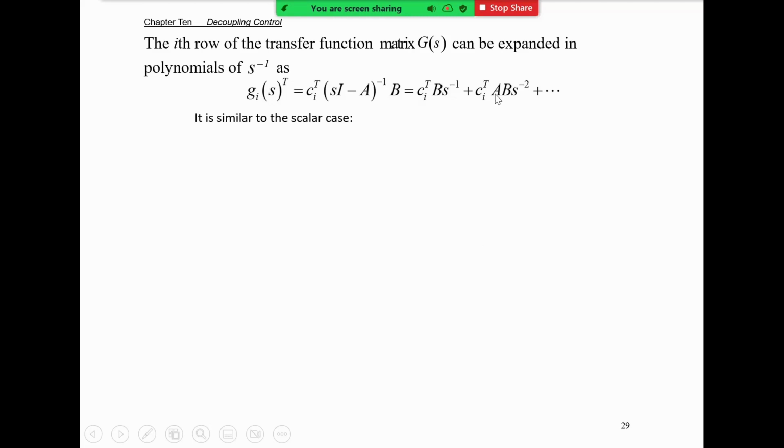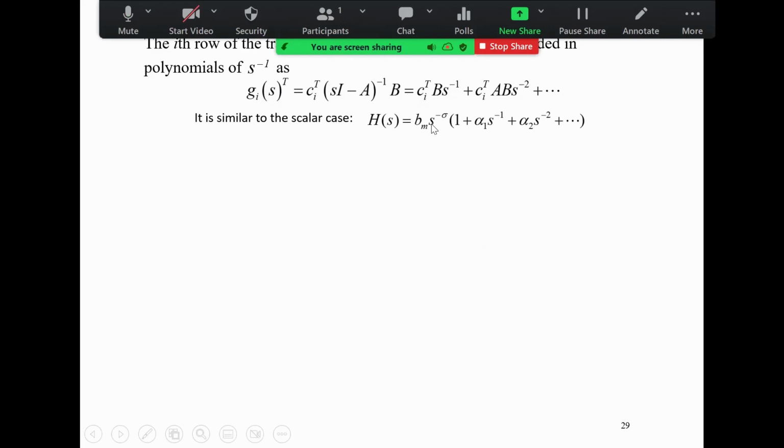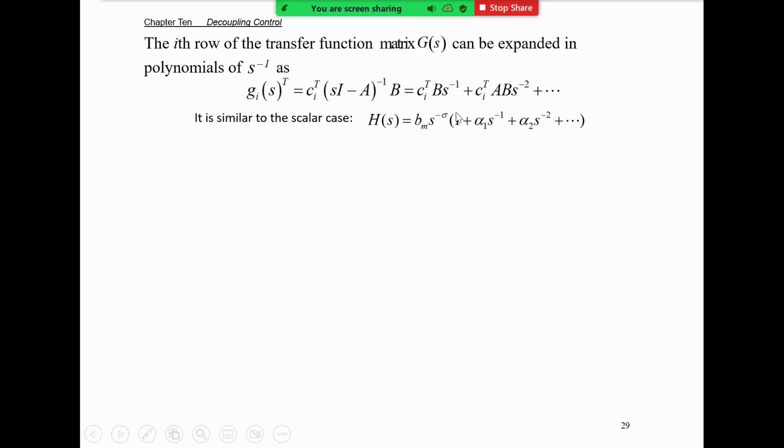Now, transfer function traditionally is a fraction. We have a numerator and a denominator. And in the scalar case, we know the transfer function can be written in this way: the leading coefficient times S to the minus sigma, where sigma is the relative degree, and inside the bracket is just a polynomial with an infinite number of terms, a polynomial of S inverse.